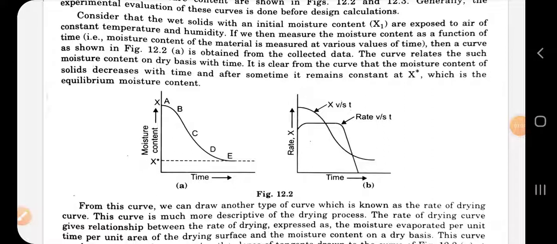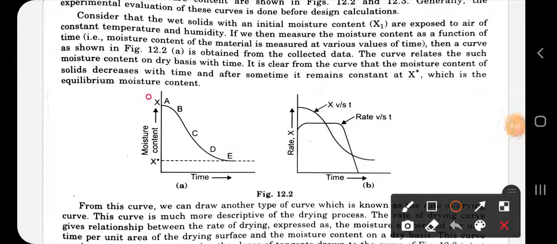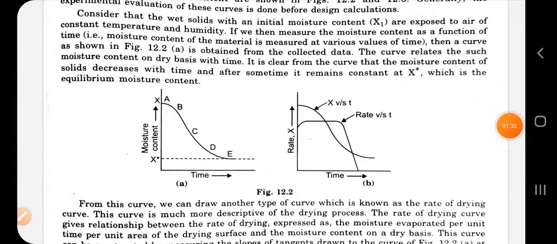Here we'll consider a certain solid whose initial moisture content is X. This solid having initial moisture content X is exposed to air under constant temperature and humidity. So it is kept to dry, in simpler words.